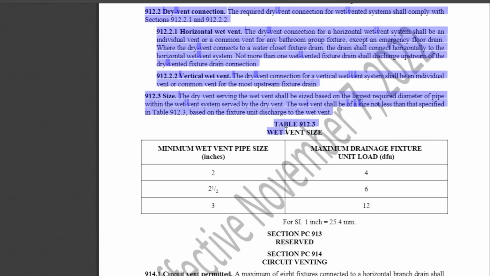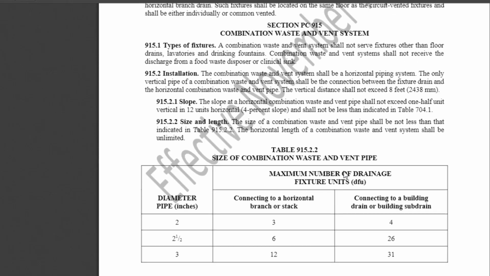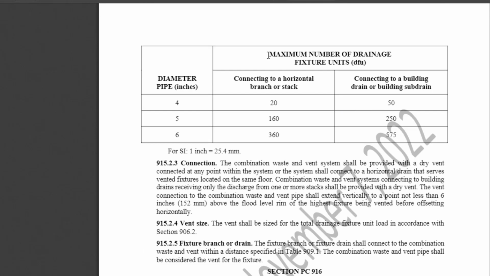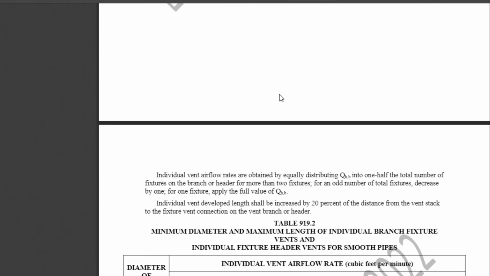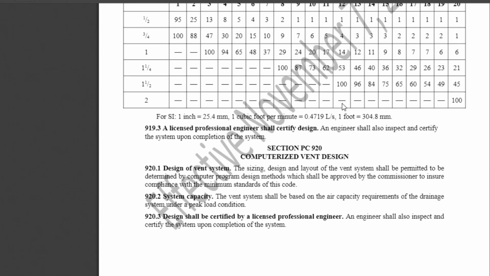So they're calling it a wet vent in this case. So there's another table to size those type of vents. And if you look down here, you have size of combination waste and vent piping, as well as if you keep going down, now you have individual fixture header vents for smooth pipes. So there's another table for that.